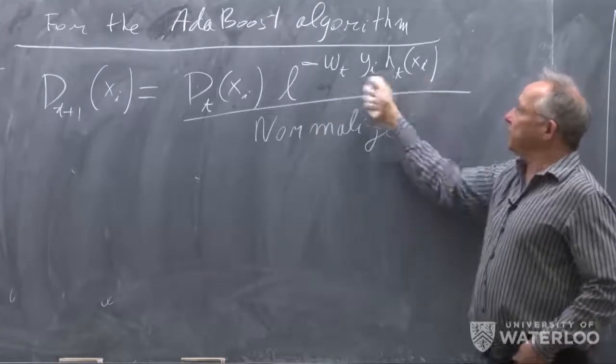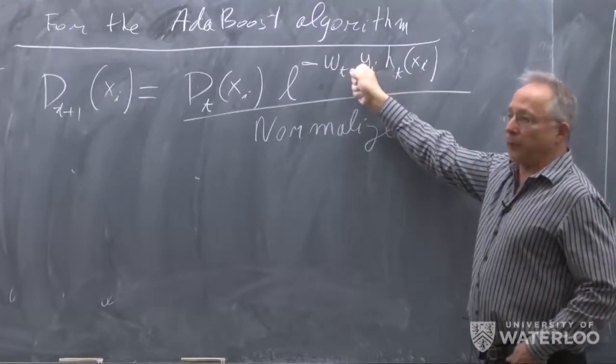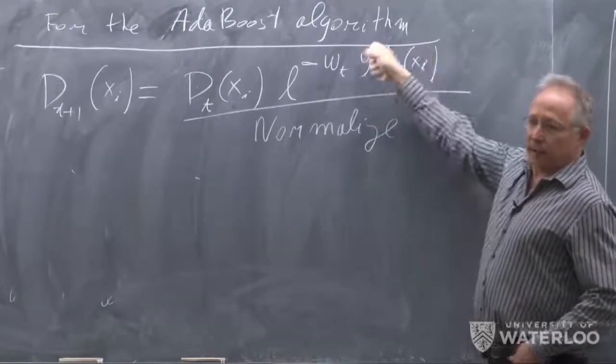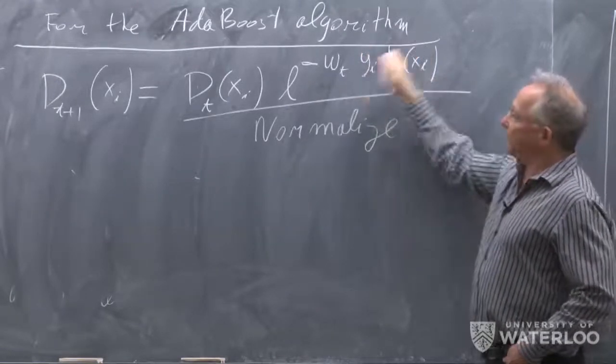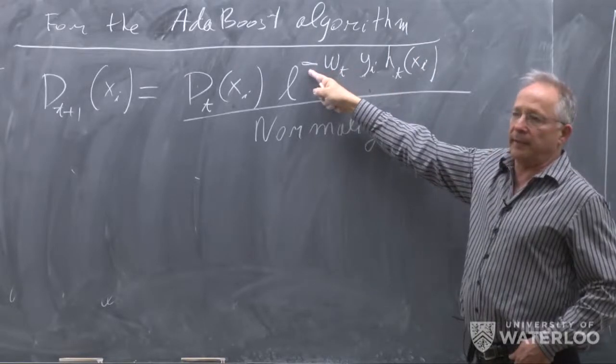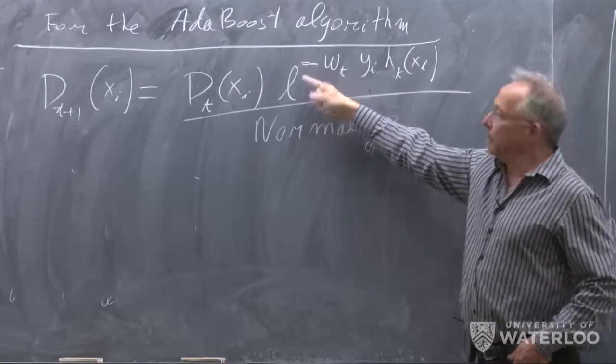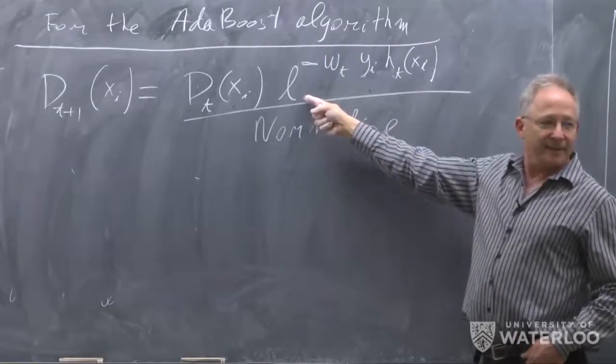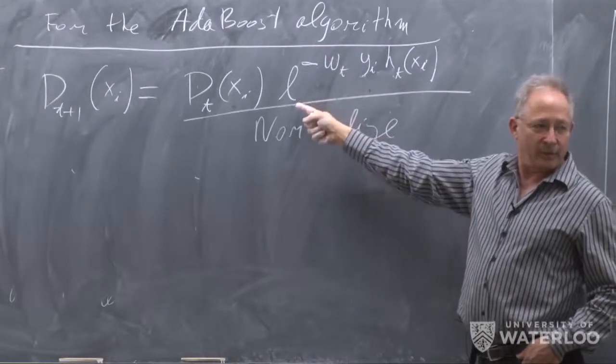When my prediction is wrong, the label y_i is different from the prediction, so I get a minus 1. So I multiply by e to the plus some number, and I increase the weight. e is the base of the natural log.